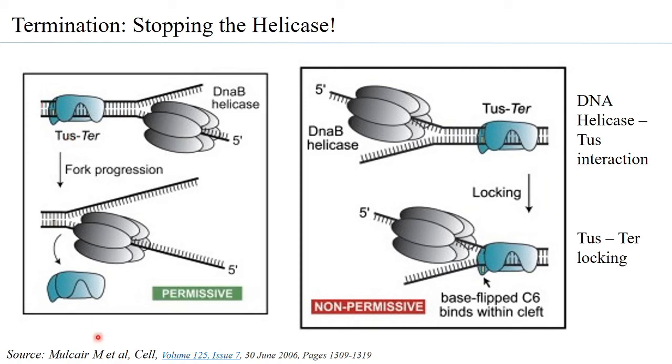This was carried out using mutated Tus proteins and also mutated helicase. In each case, if it goes to the permissive end, the helicase is able to dissociate the Tus and move forward. But when the helicase comes from the non-permissive end, the helicase has not been able to dissociate the Tus region.